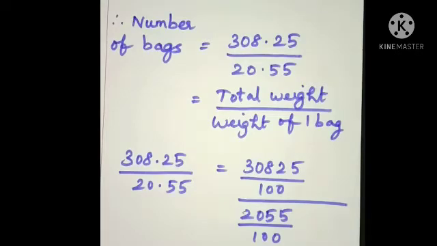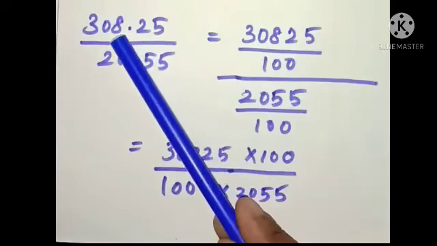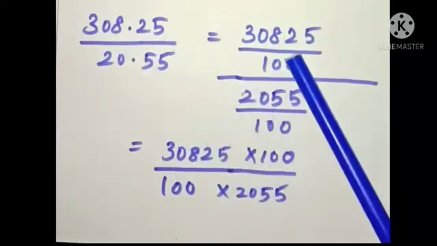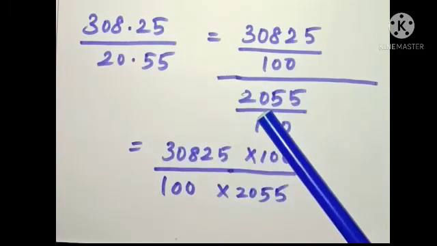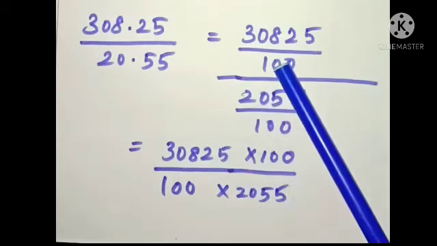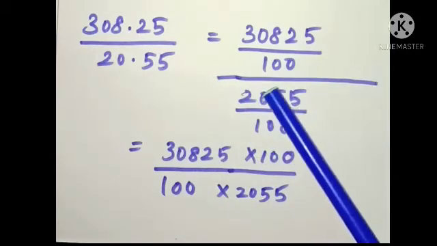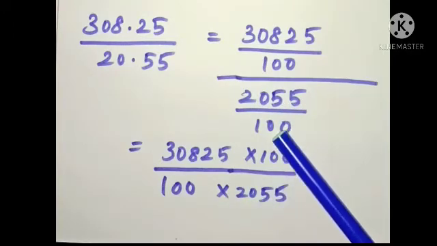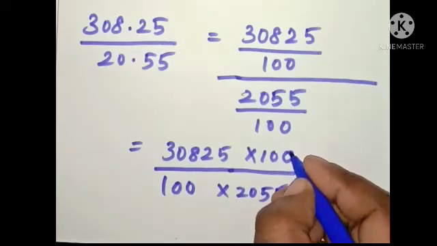So children, to make the problem into a whole number, we have taken the decimal number into a fraction. So the fraction form of the decimal number is 30,825 by 100, and here 20.55 can be written as 2055 by 100. Now children, this number is in the numerator and 100 is in the denominator, and the whole is divided by 2055, which is in the denominator, and this 100 should go into the numerator.